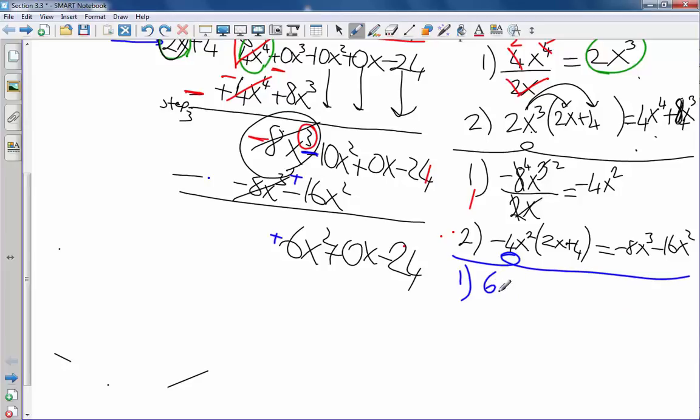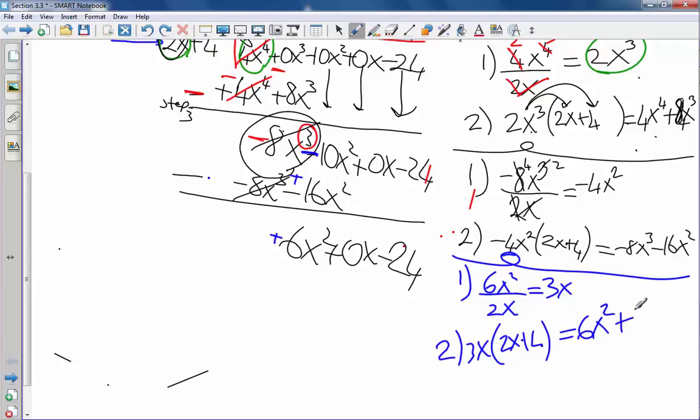Biggest power 6x squared. Divide by 2x. It's 3x. Multiply 3x by divisor 2x plus 4, which is 6x squared plus 12x. Right? Then subtract.